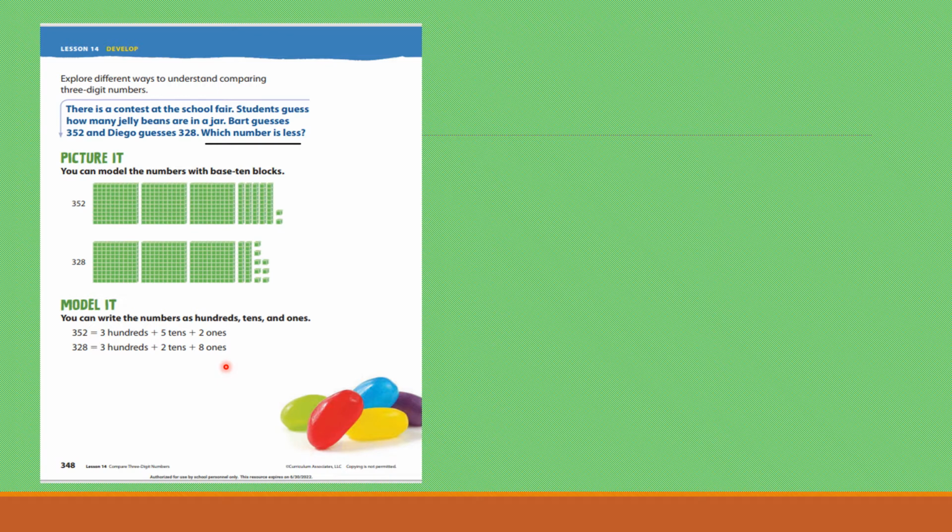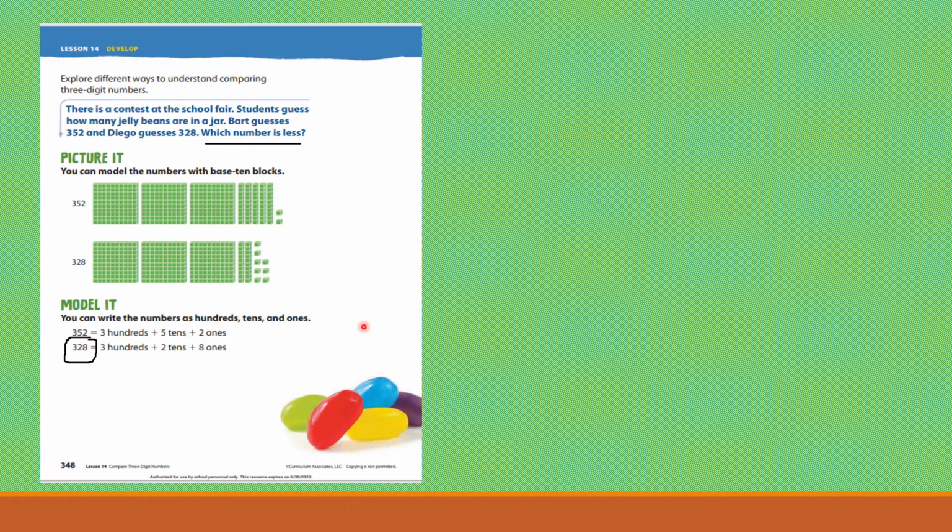When you look at it this way, you can see that there are the same hundreds. We go to the tens and we can say one number has 5 tens, one number has 2 tens. I know that 5 tens is greater than 2 tens, so 328 has to be the number that is less.